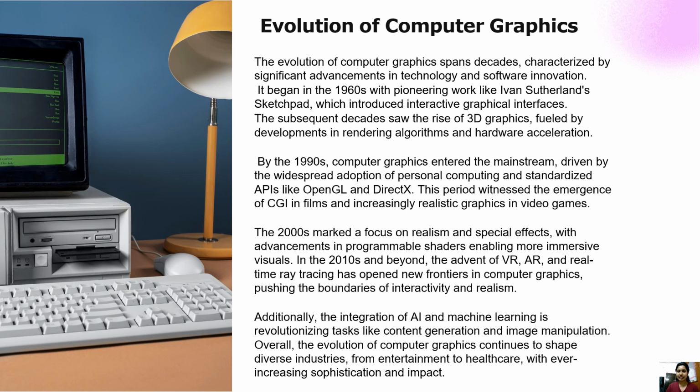Additionally, the intersection of graphics and machine learning is enabling revolutionary tasks like content generation. Overall, the evolution of computer graphics continues to shape diverse industries, from entertainment to healthcare, with ever-increasing sophistication.